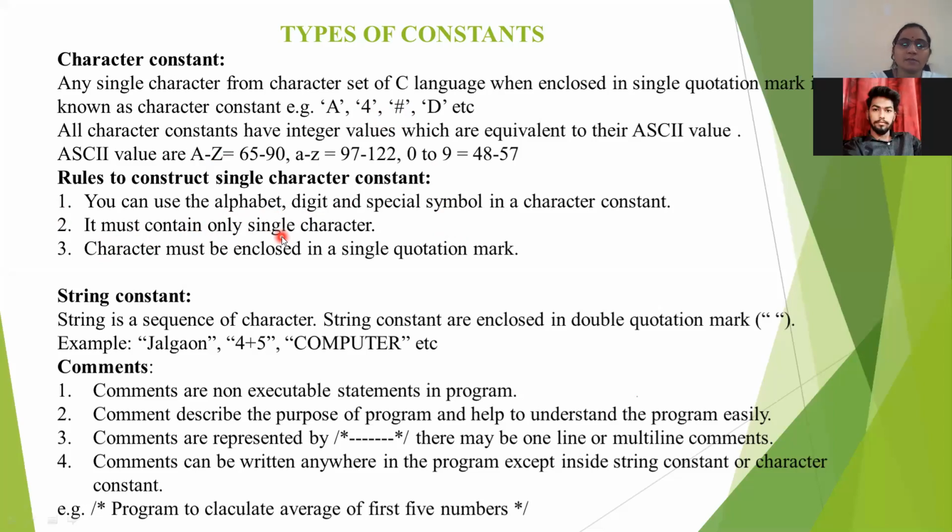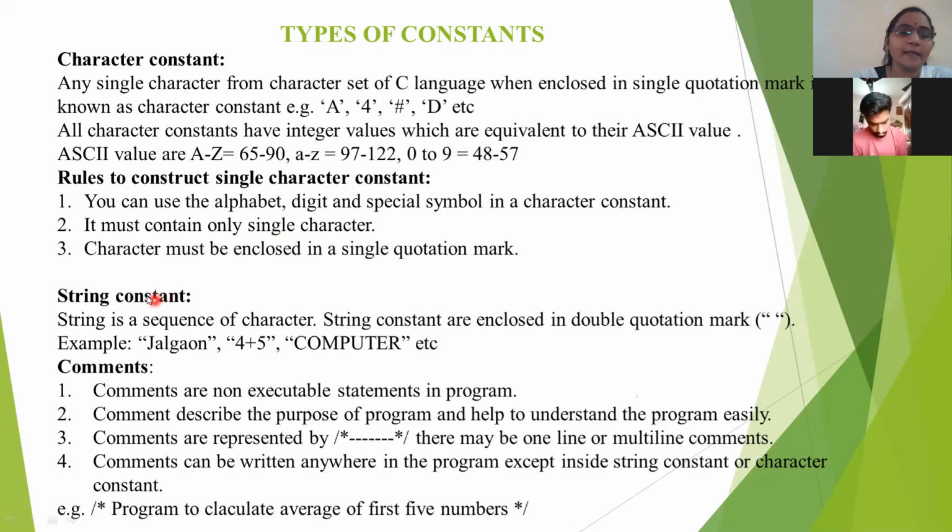It is always a single character, and it is very important. The third rule is the character must be enclosed in single quotation marks. These second and third rules are the differentiating rules from the string constant. As it is included in a single quotation mark, it is treated as a character constant.